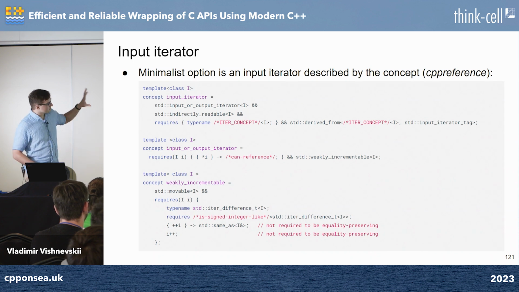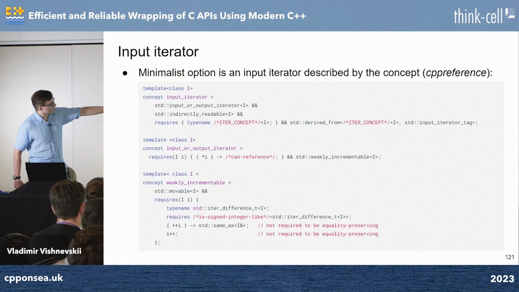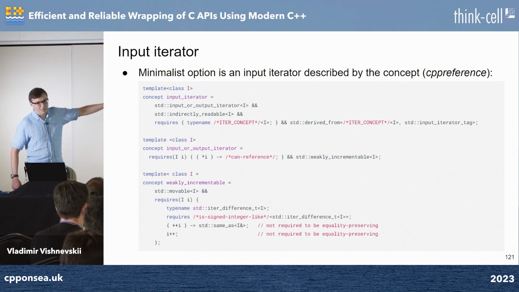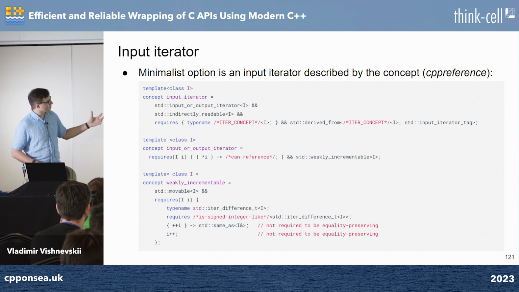It's maybe not fully present in terms of standard concepts, but some of them are implementation dependent, like those marked as comments here. But generally those concepts can be used and they also document quite well what should be implemented.